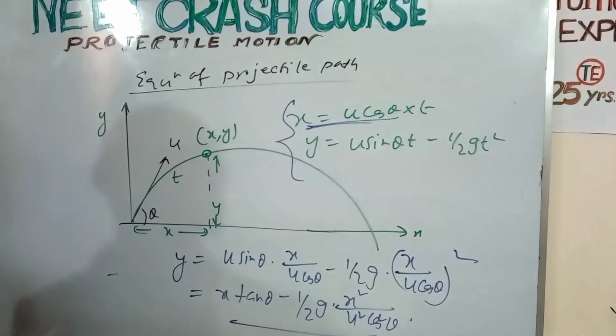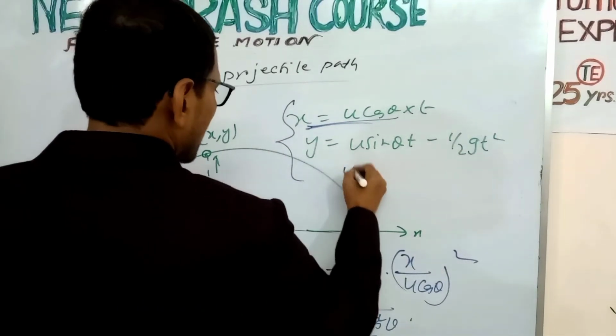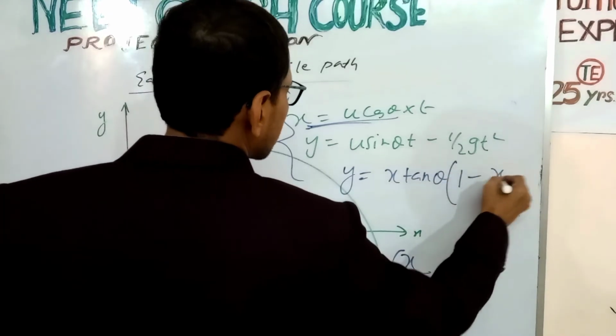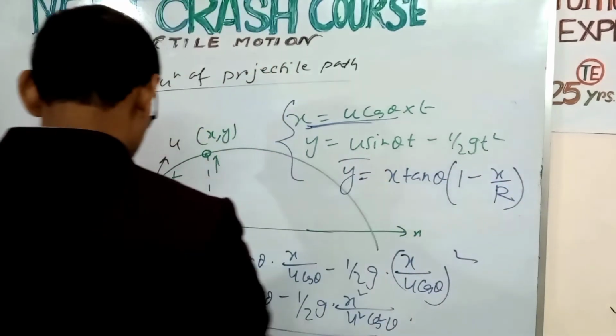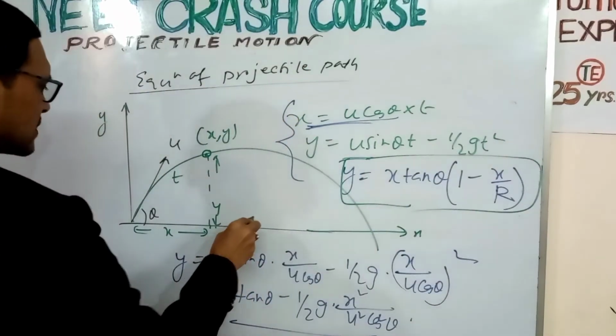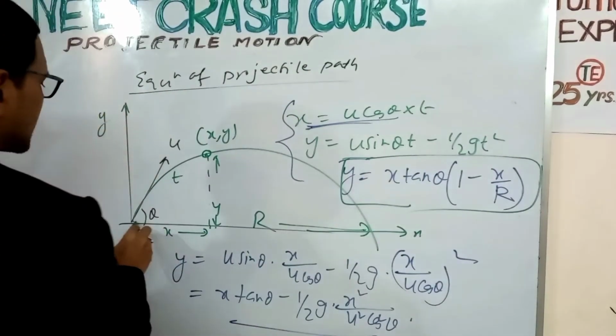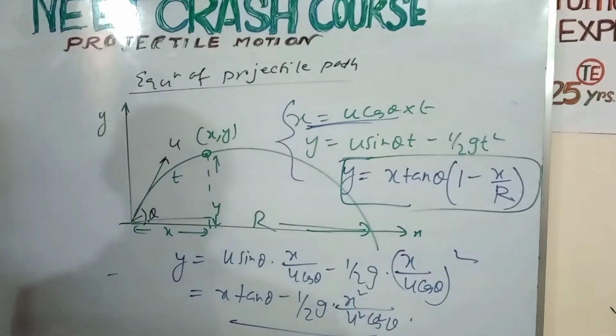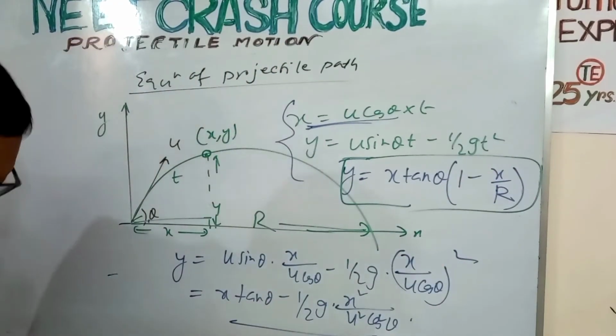Now if we simplify this, we get one formula. If we take x tan theta common, we get x tan theta (1 minus x by R), where R is the range of this path. This is one result.